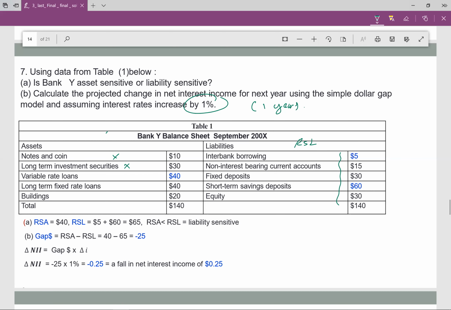Variable loan, I already find the word, which means even if it is for 10 years, every time the interest rate changes, it will change. So I will take it. Now, long-term fixed rate loans, no, I will not take it, which means more than 1 year. Building, no, this is not an earning asset.